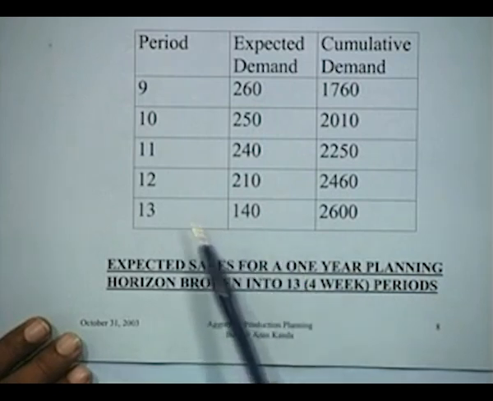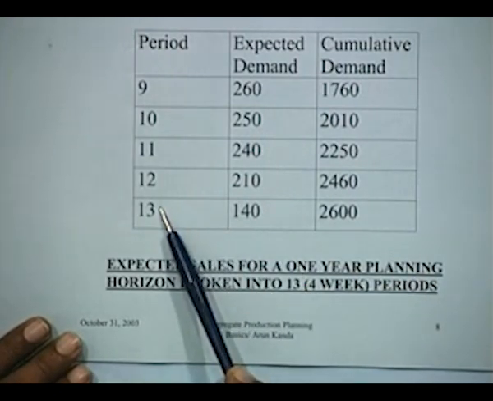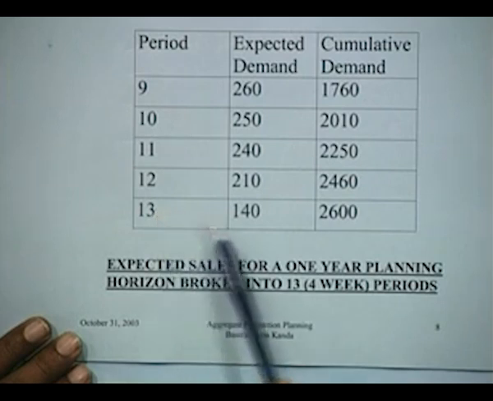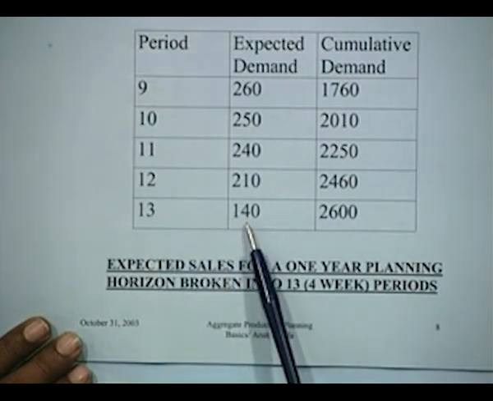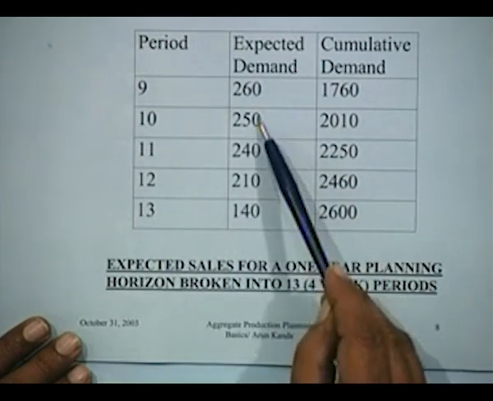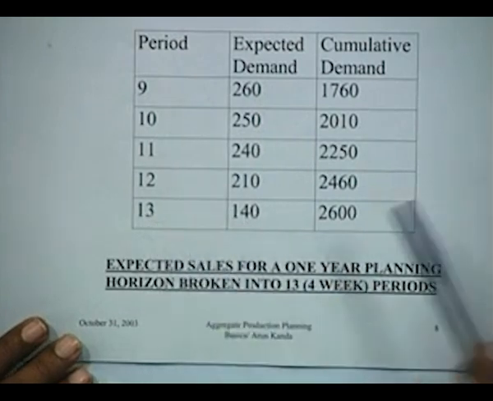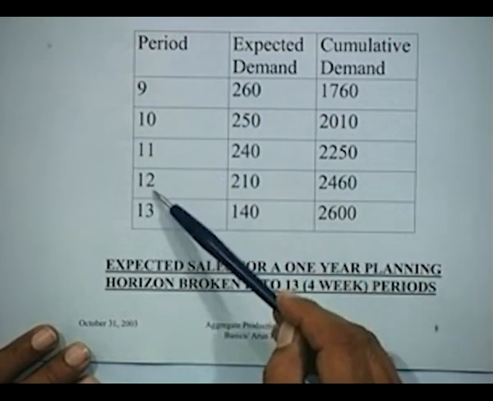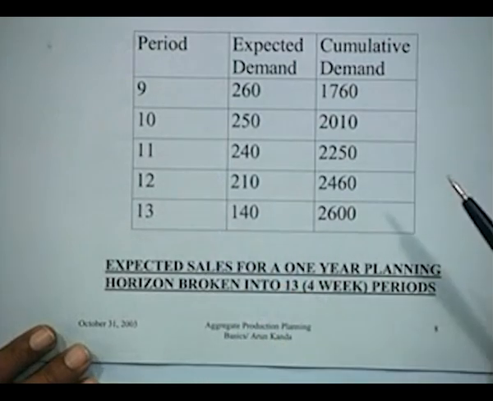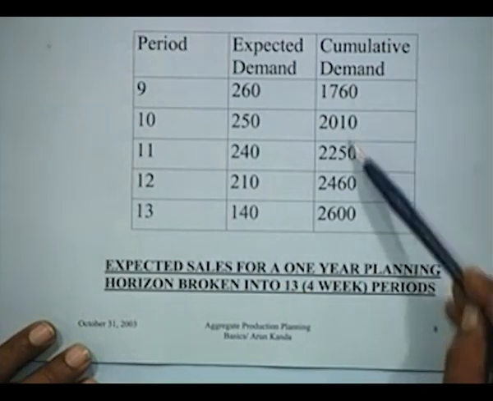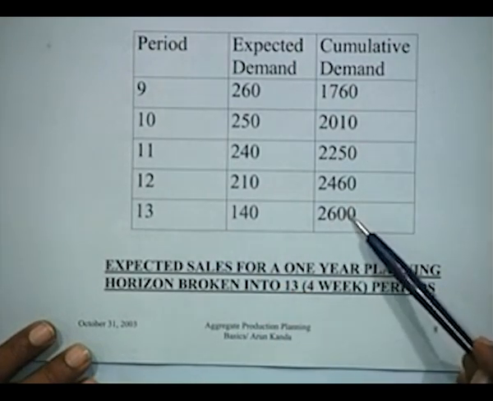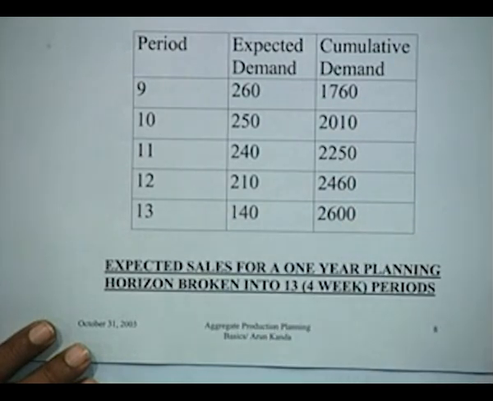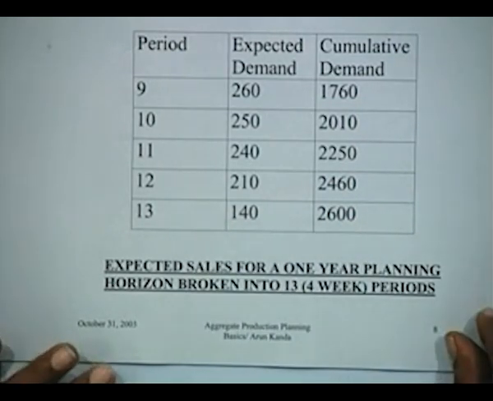What we are saying here is that these are 4-week periods, so there will be 13 4-week periods in a year, 52 weeks. So we have the demand figures available for all the 13 4-week periods, and the cumulative demand is 2600 for all these 13 4-week periods, that means for the entire year.